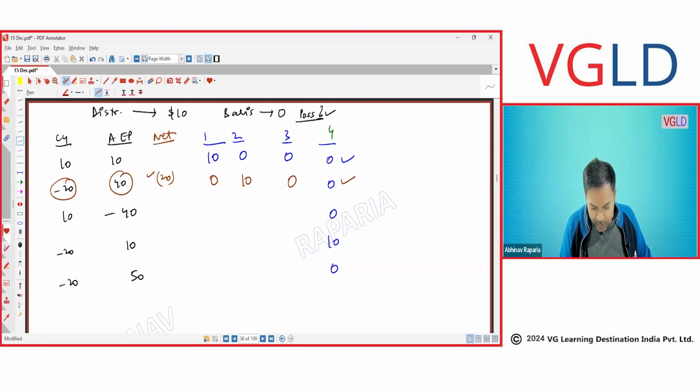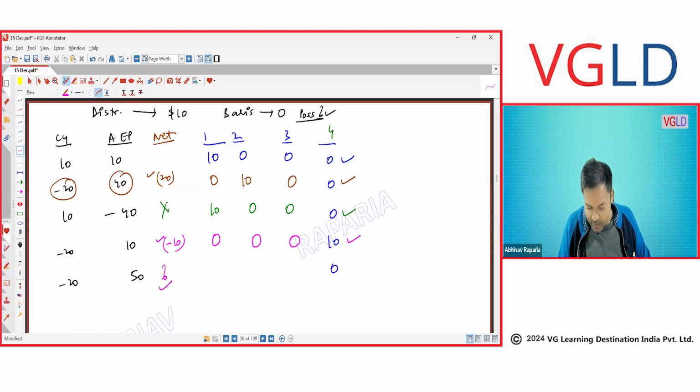Correct. Again, should I net them off here? No. So 10, 0, 0, 0. Everything is 0. Are we going to adjust it here? Yes. But it is coming negative. So it does not matter. 0, 0, and this is also 0. Correct? 10. Good. Again, are we adjusting this?